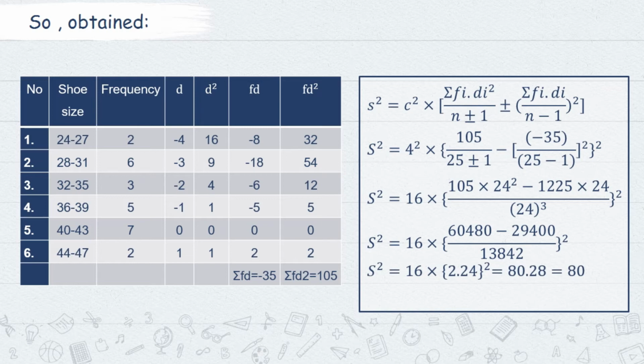From the results, it can be seen that the resulting variance is 80.28, rounded according to the rounding rule to 80, indicating that shoe sizes in the community vary greatly, from 24 cm to 47 cm.